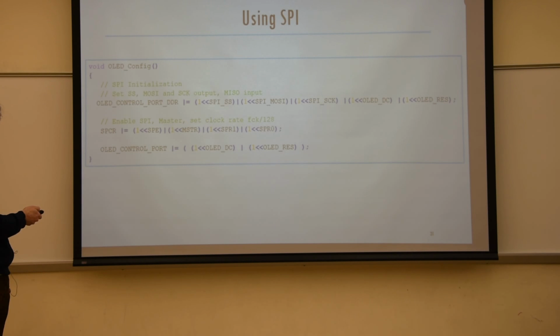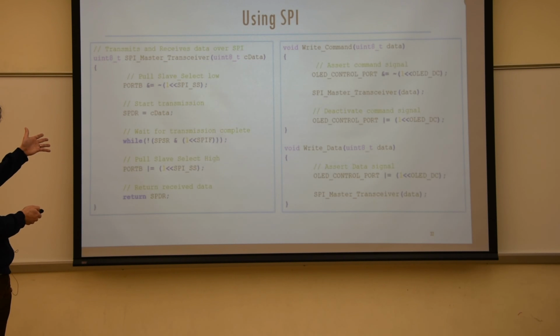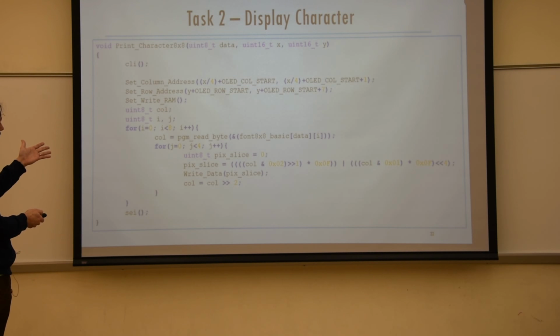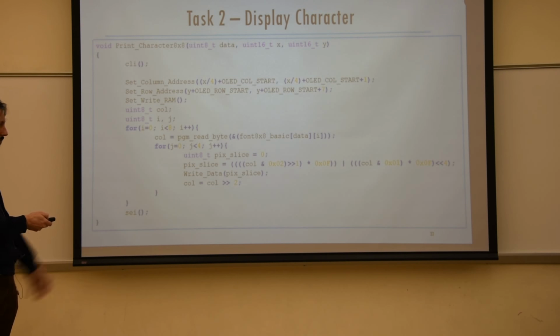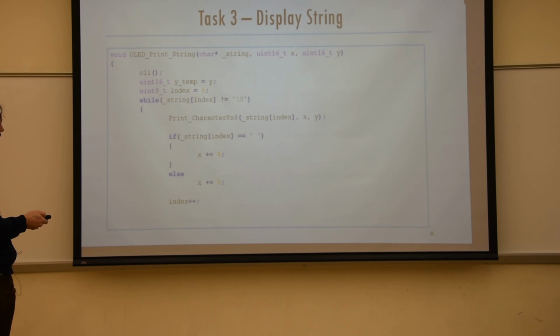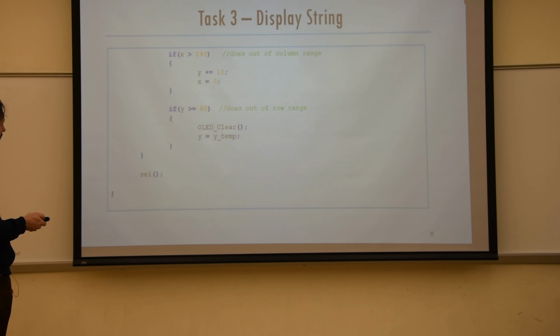And then you have what we discussed earlier, the OLED configuration. You have your SPI because you use your SPI stuff. For task 2, you want to display characters, so you figure out how to code this up at the right spot. Task 3, you display the string, which is easy because you already have this other functionality.